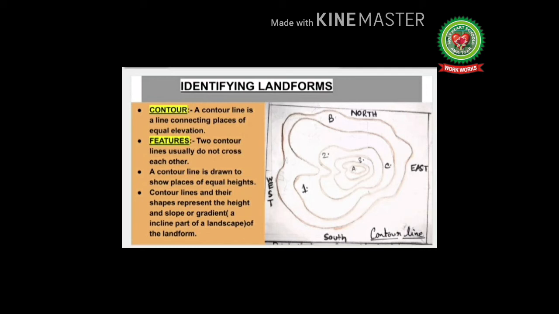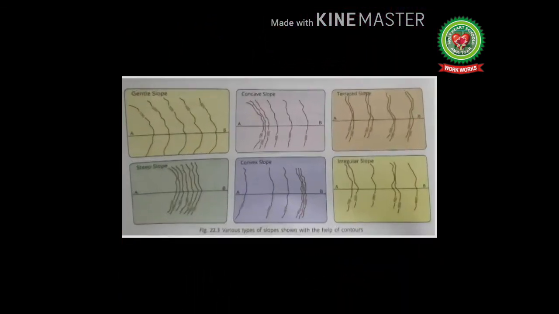The closely placed contours in the high elevation and the widely spaced contours in the lower elevation show a concave slope. The widely spaced contours in the higher elevation and the closely placed contours in the lower elevation show convex slopes.